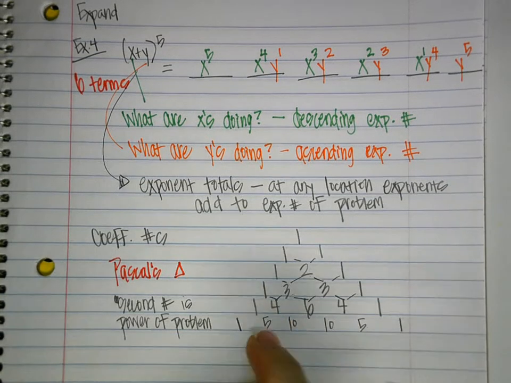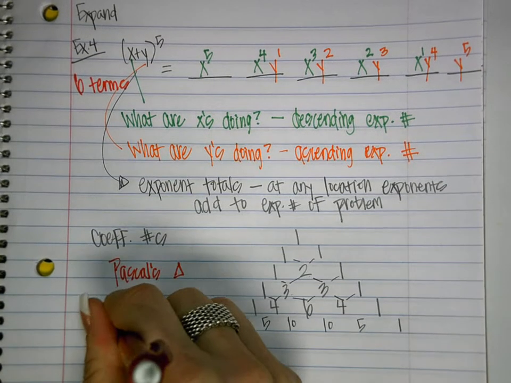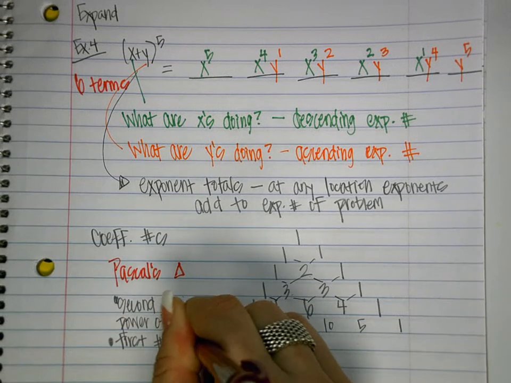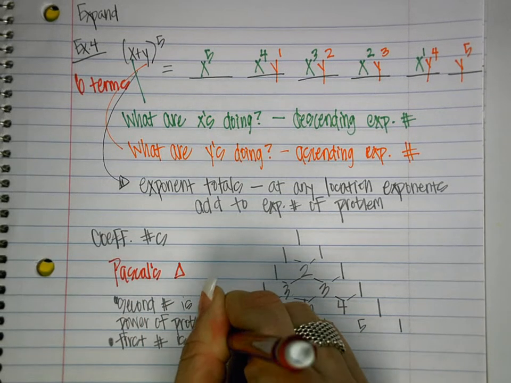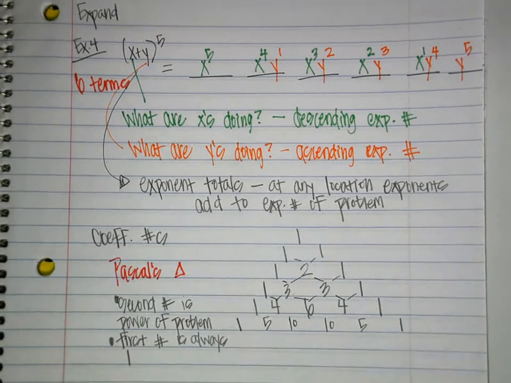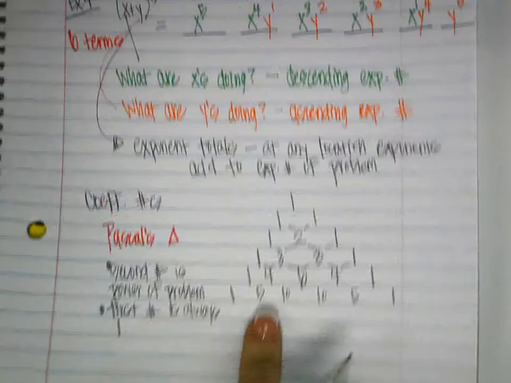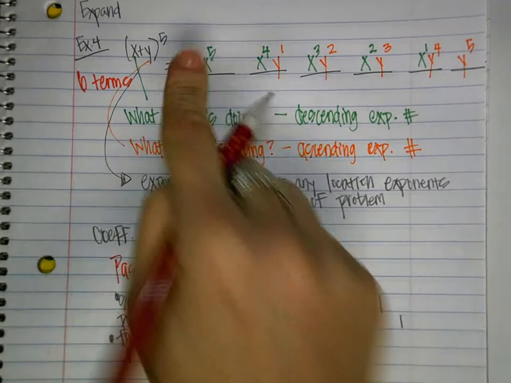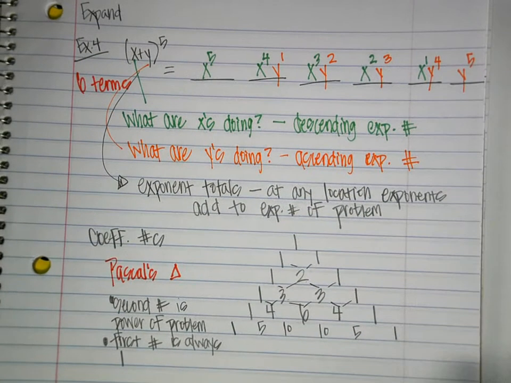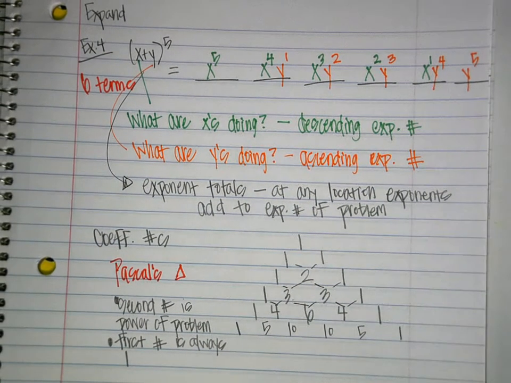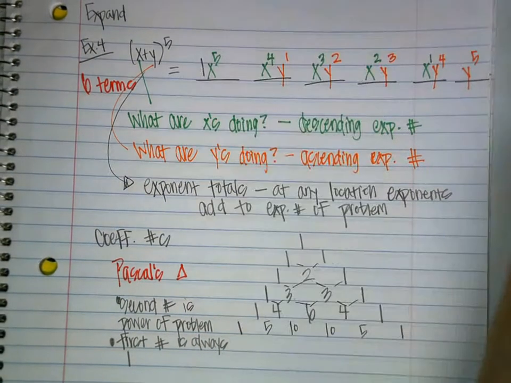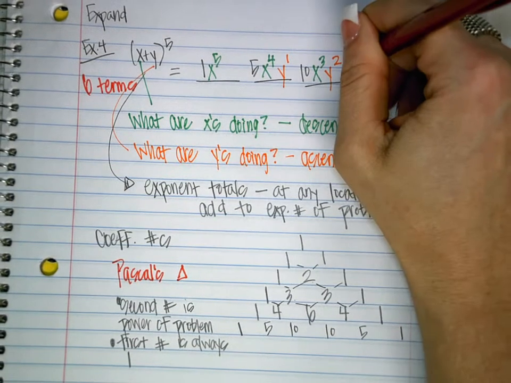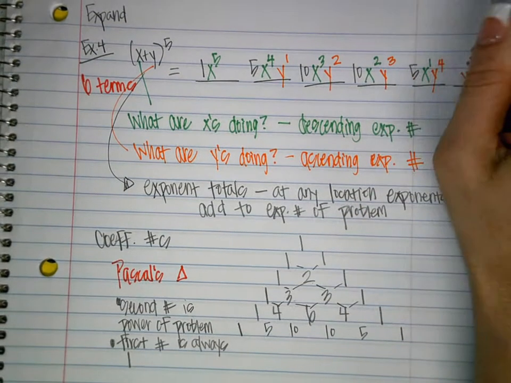The first number is always 1. Now I can plug in these numbers up front. So your coefficients here will be 1, 5, 10, 10, 5, and 1.